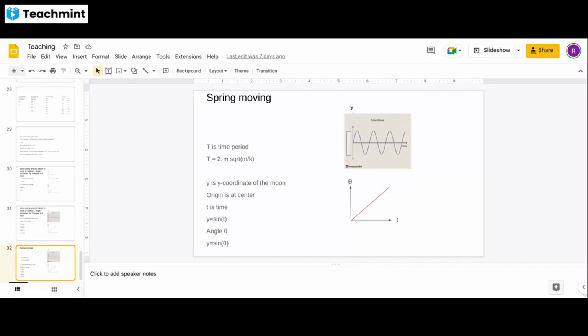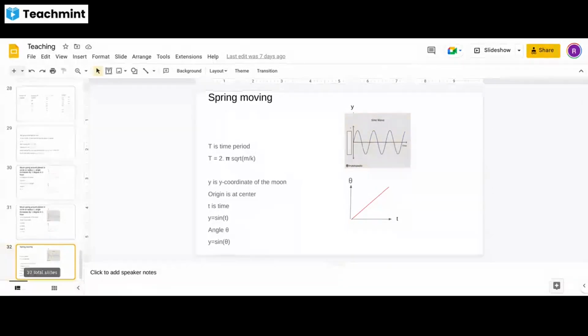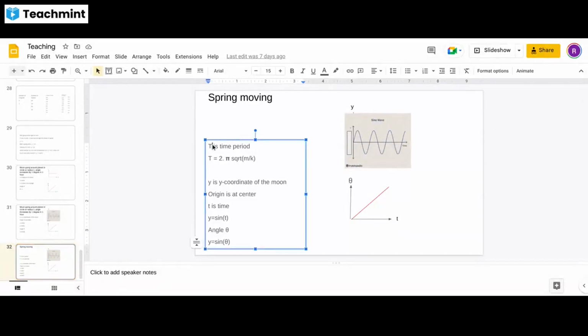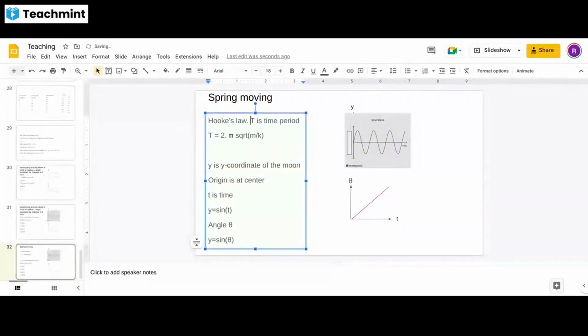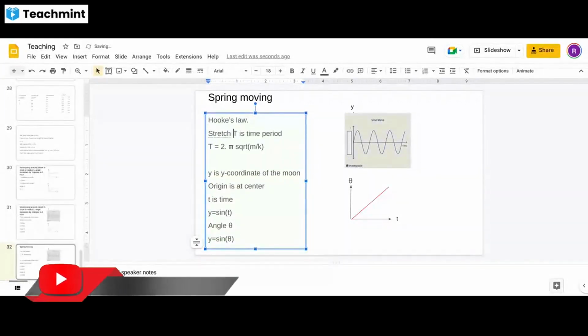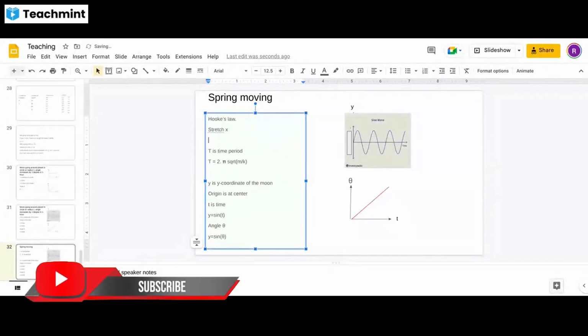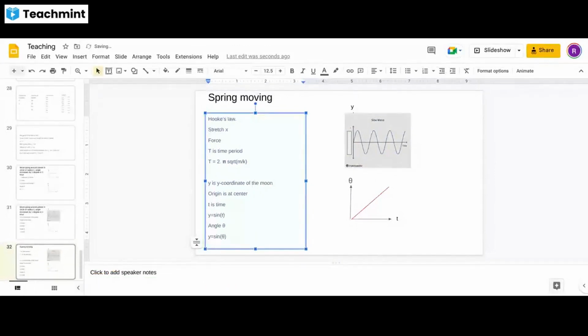Yes. So in most springs, most rubber bands, there's something called Hooke's law. Hooke's law says that the force is directly proportional to the stretch. So let me just write that first. Stretch x. Force F is proportional to x.